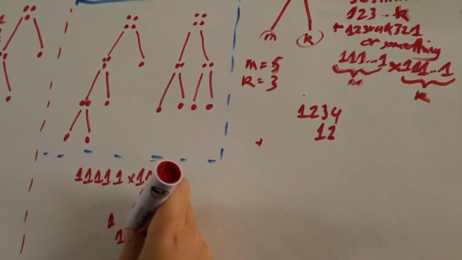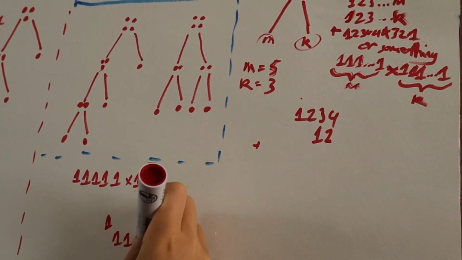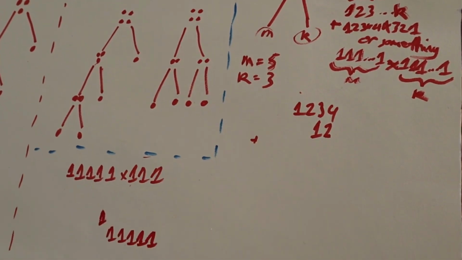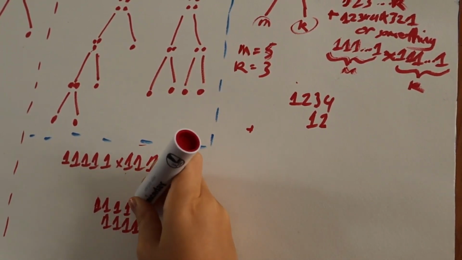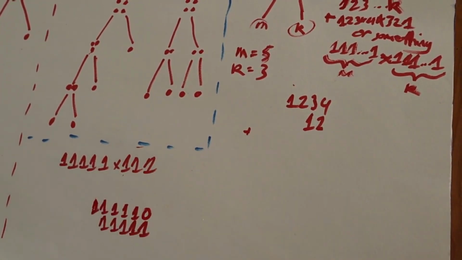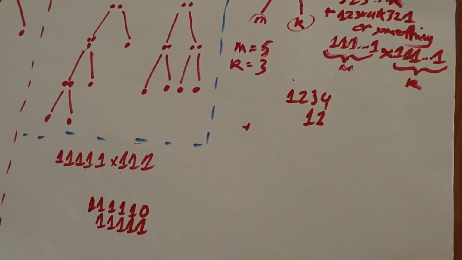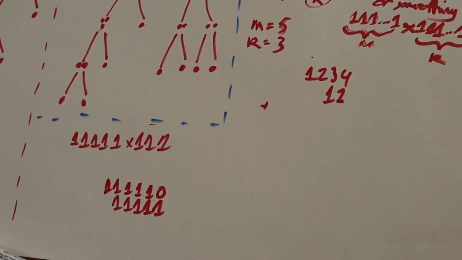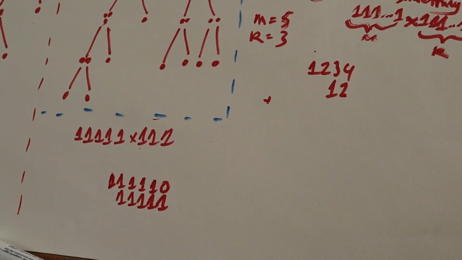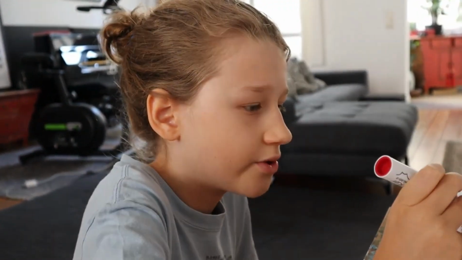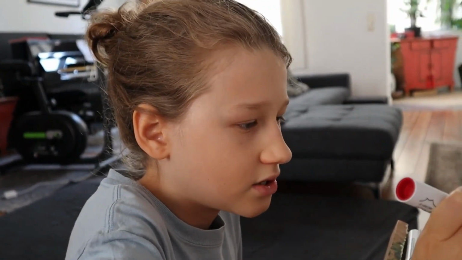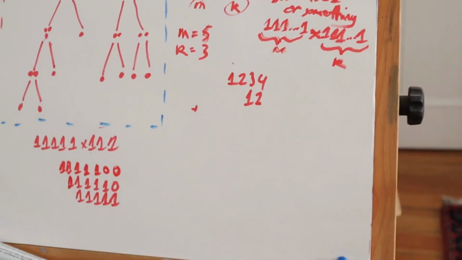So I basically just have 1, 1, 1, 1, 1, and then a whole bunch of zeros. And I already know that 100 times 1, 1, 1, 1, 1 is going to give us 1, 1, 1, 1, 1, 0, 0. So I can compress that if I end up doing that.